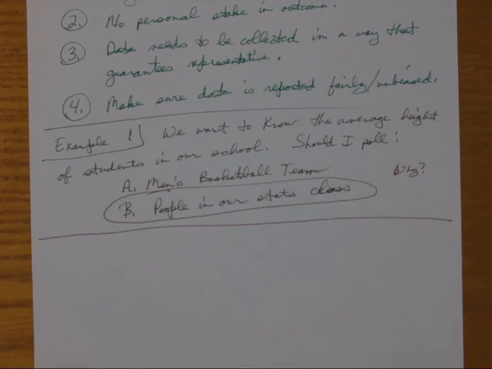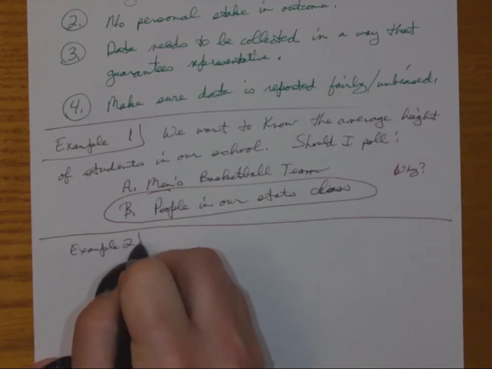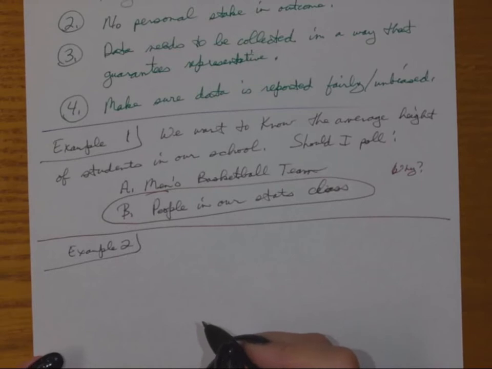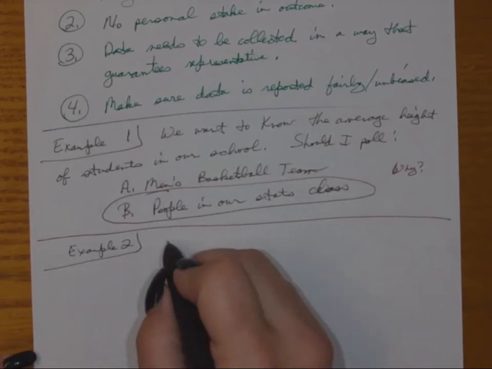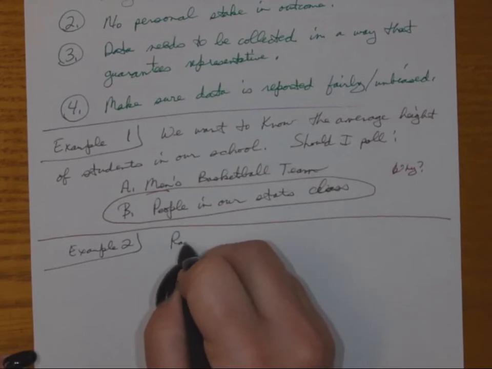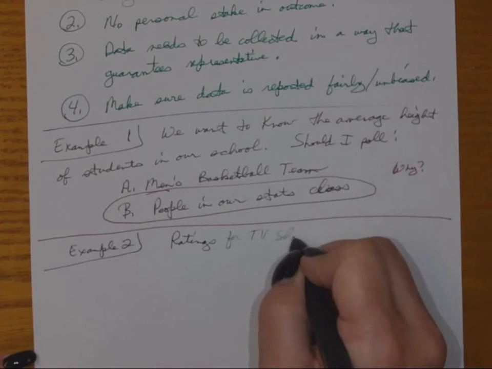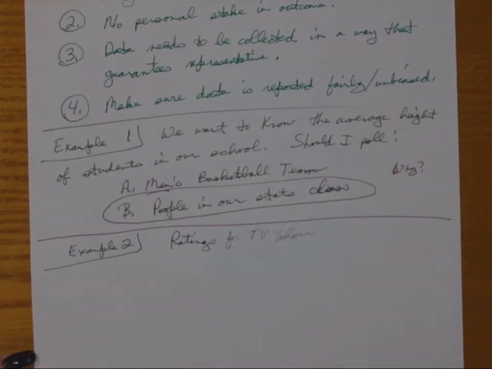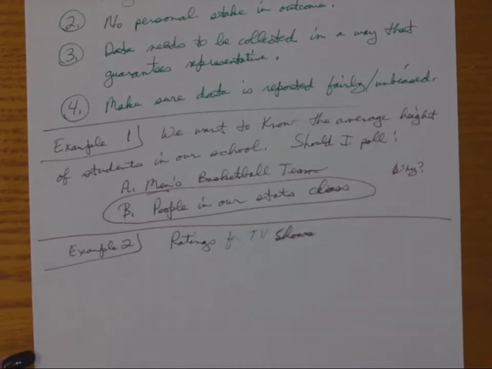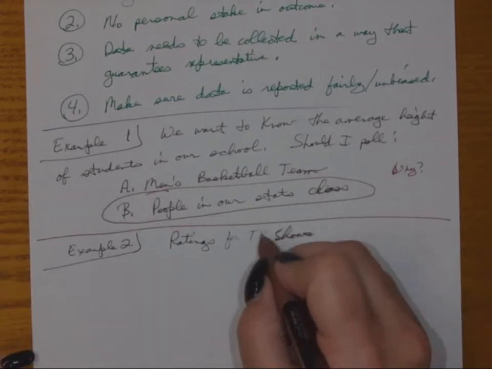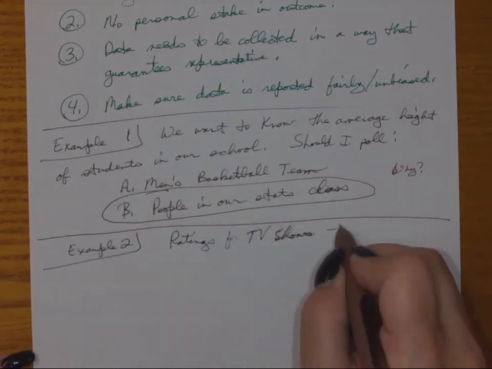Okay, another example. Example 2. Okay. Whenever we look at, so this is an off-the-wall thing, whenever we look at ratings for TV shows, and we see, oh, that one's got this rating or that one's got that rating.